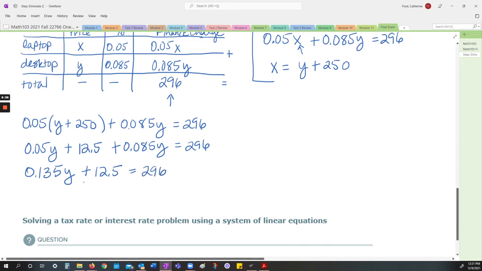So we can solve by subtracting 12.5. So 296 minus 12.5 is 283.5. So we have 0.135y equals 283.5. And so finally we can divide by this 0.135.